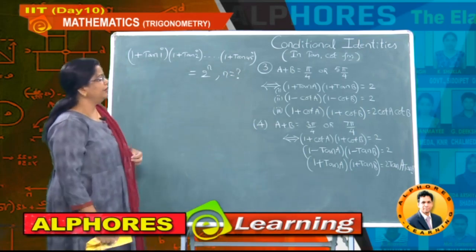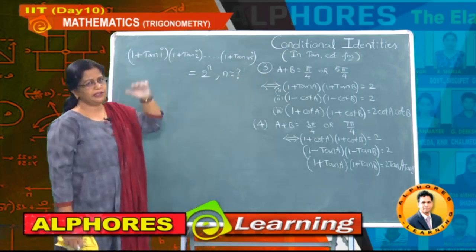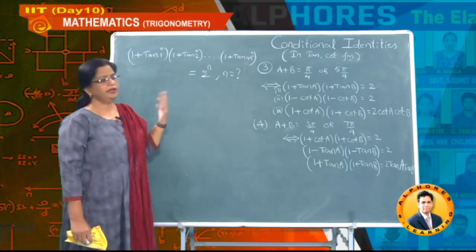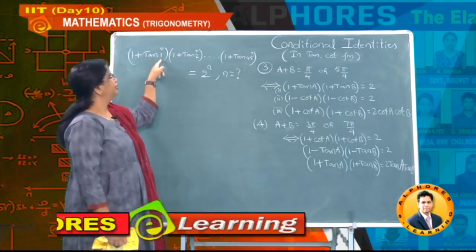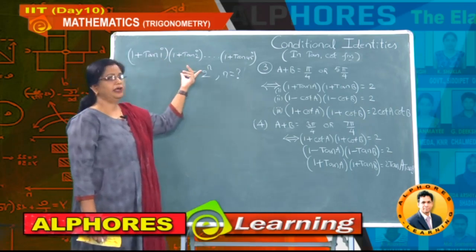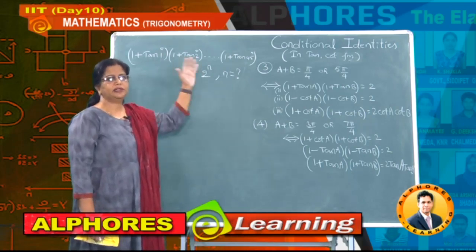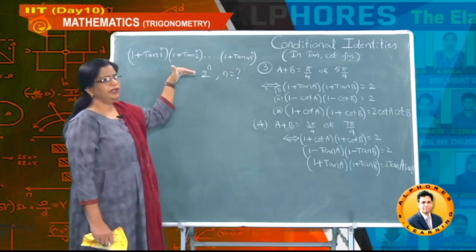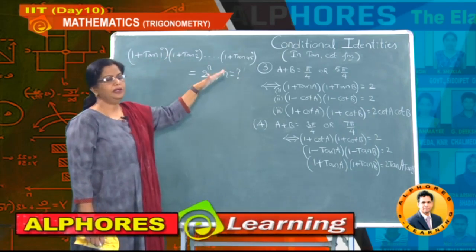Then again you observe, it is a product of 1 plus tan terms. They may ask 1 minus cot also, in that way also. So it is a product of some terms, and again you do not know about 1 degree, 2 degrees. Moreover, I told you, whenever a problem with a product of many terms is given, our concentration is always on the first term, last term, or the last but one term, etc. But here you are unable to get that also, it is not complementary nor supplementary, understand.